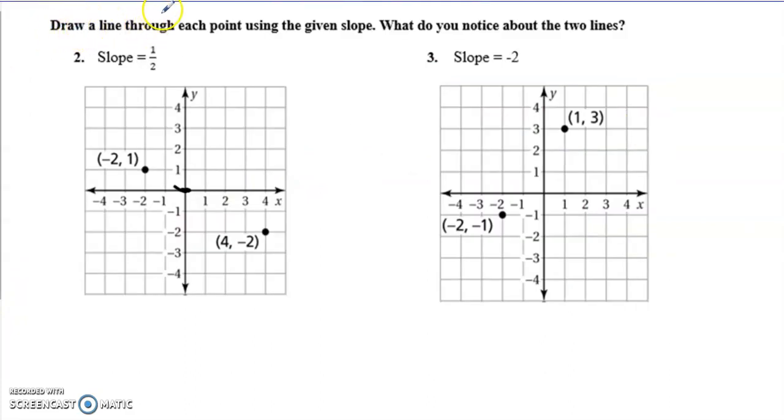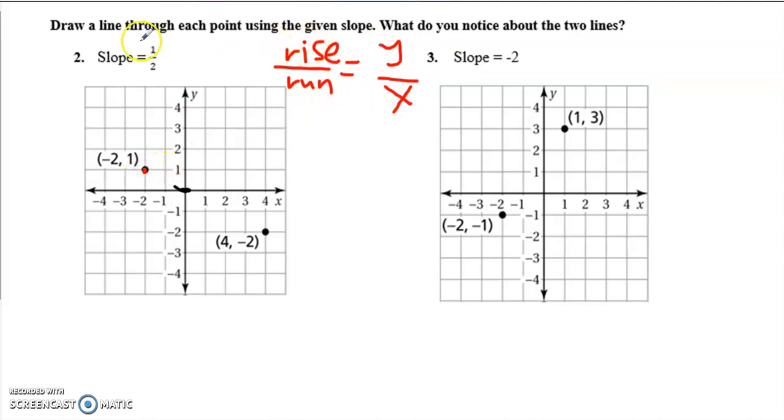Draw a line through each point using the given slope. What do you notice about the two lines? So remember, slope is the rise over the run, which is the same thing as saying y over x. So we're going to start at this point right here.